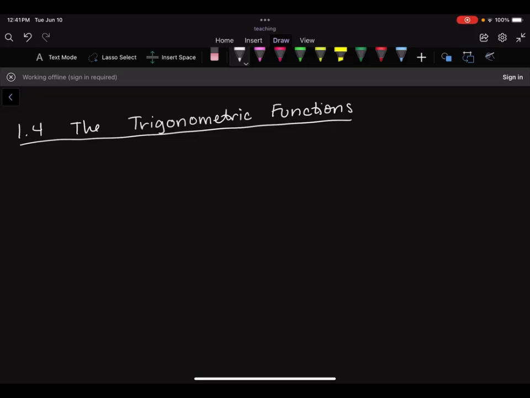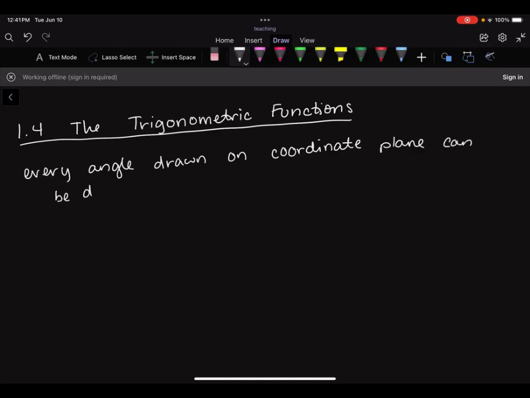So let's start off with this. Every angle drawn on the coordinate plane, which is what we're usually drawing on, so the xy plane, can be drawn as a triangle.